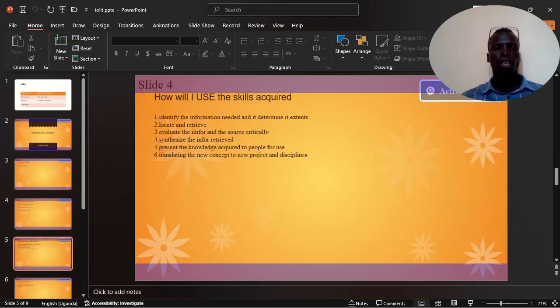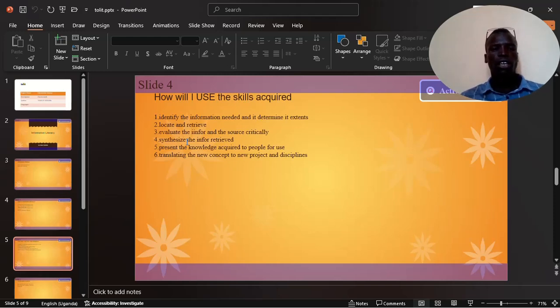Now, after knowing that one, we'll move to slide 4, which is how will I use the skills acquired. The previous one was what the person that acquired the skill will be able to do. But now we want to know how you will use the skill that you have acquired. Basically, I have six points under this heading.